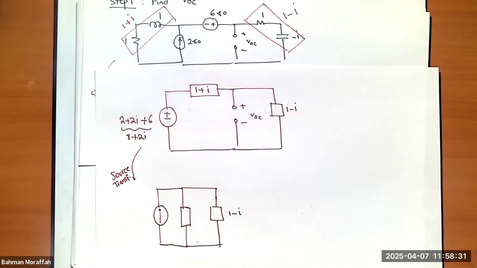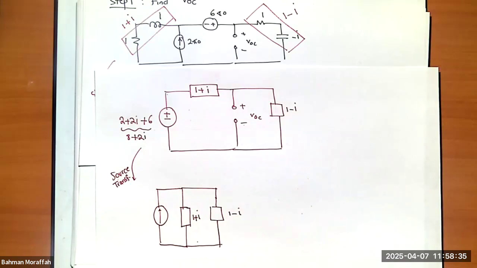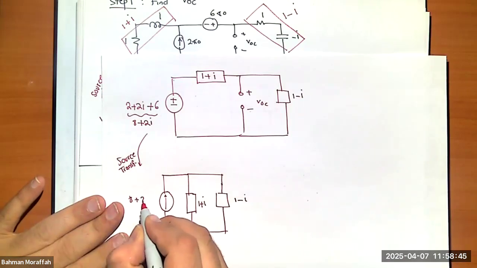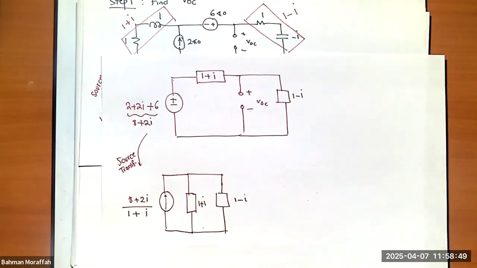It will remain unchanged. So it's 1 plus I. What is the value of this source? It is V over R, right? So I have my V, which is 8 plus 2I, divided by R, which is 1 plus I. Right?